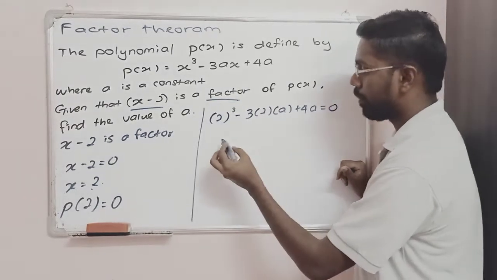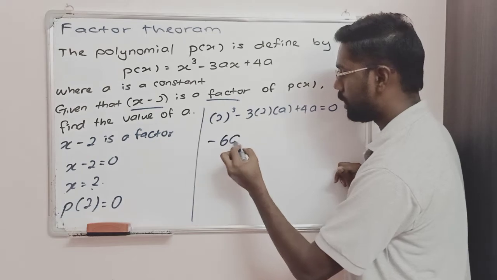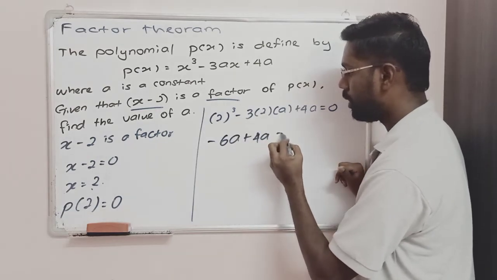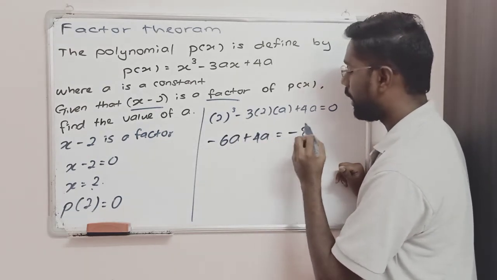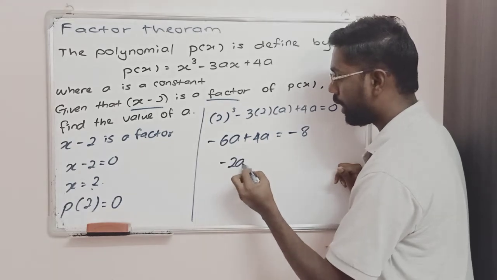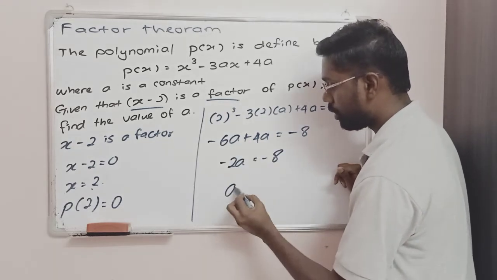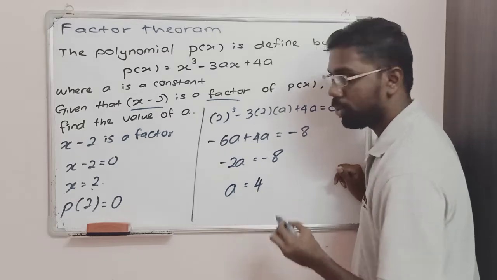So it's going to be negative 6a plus 4a equals negative 8. So negative 2a equals negative 8. So a equals 4.